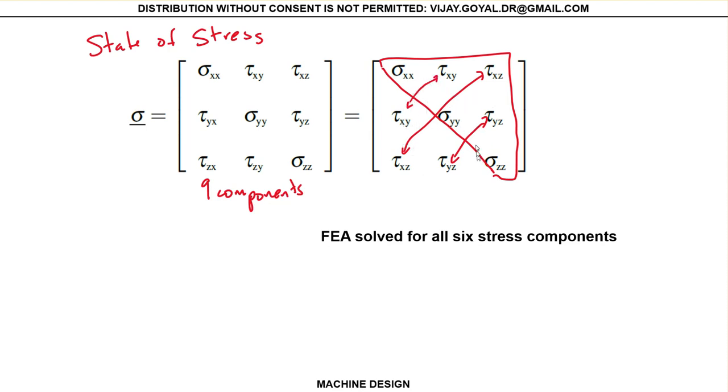Technically, this is called a tensor, but in a nutshell we can treat this as a matrix, and if these 9 components are symmetric, this will lead to 6 unique stress components.